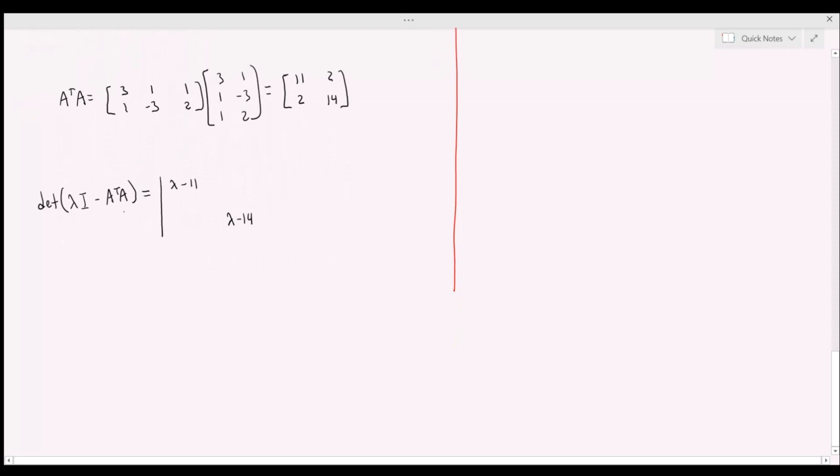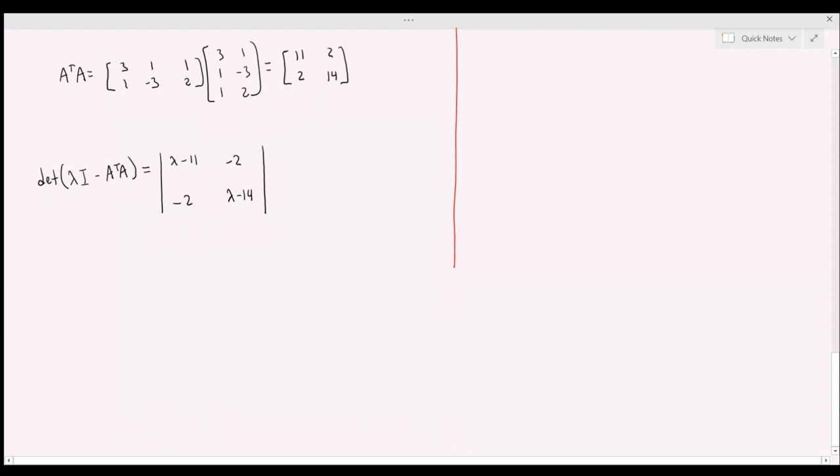And then since I'm subtracting A transpose A, I'm going to have minus 2 and minus 2. Many of you would prefer to do A transpose A minus lambda I, and that is perfectly fine. But I'll leave it the way that I've written it. And then we're going to take the determinant to get the eigenvalues.